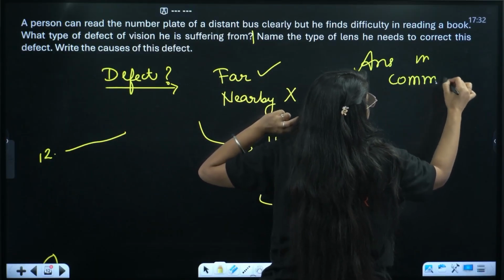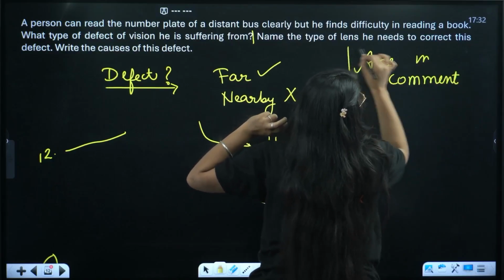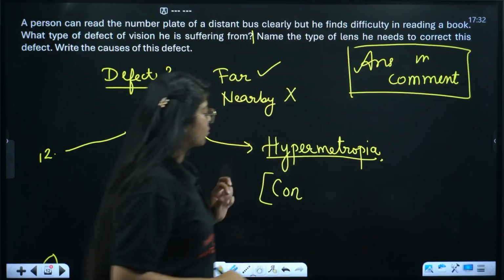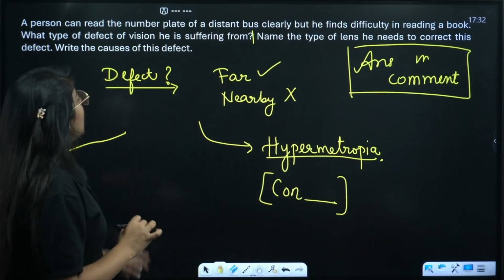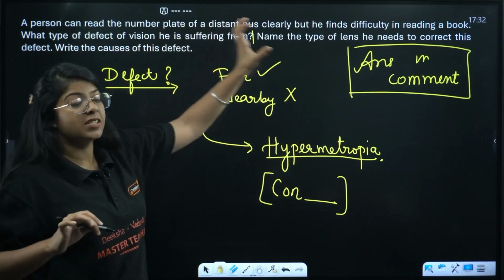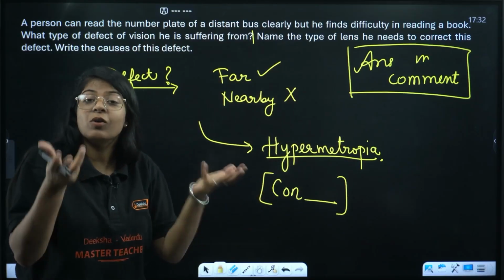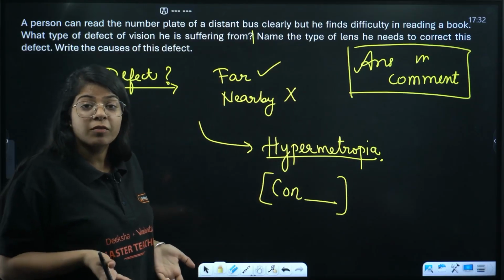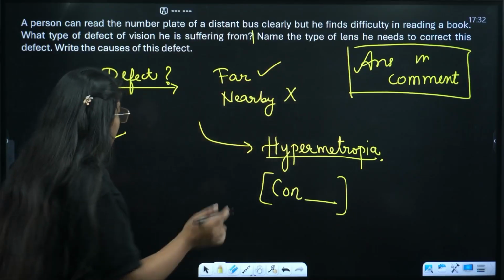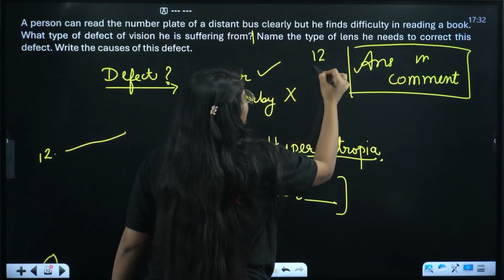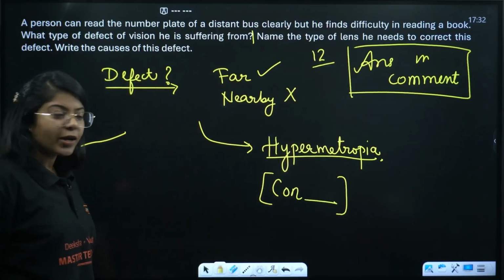Which kind of lens is used to correct hypermetropia? Fill in the blanks. Convex or concave. Okay, write the causes of this defect as well. This you also have to write, because I cannot answer half a question. So this I'm giving to you. Done? 12th slide, you have to write 12 and answer in the comment.